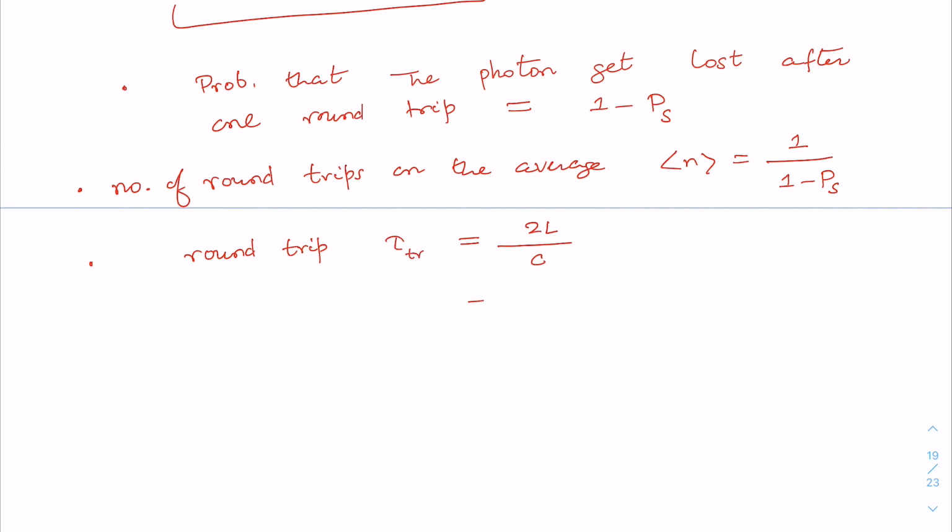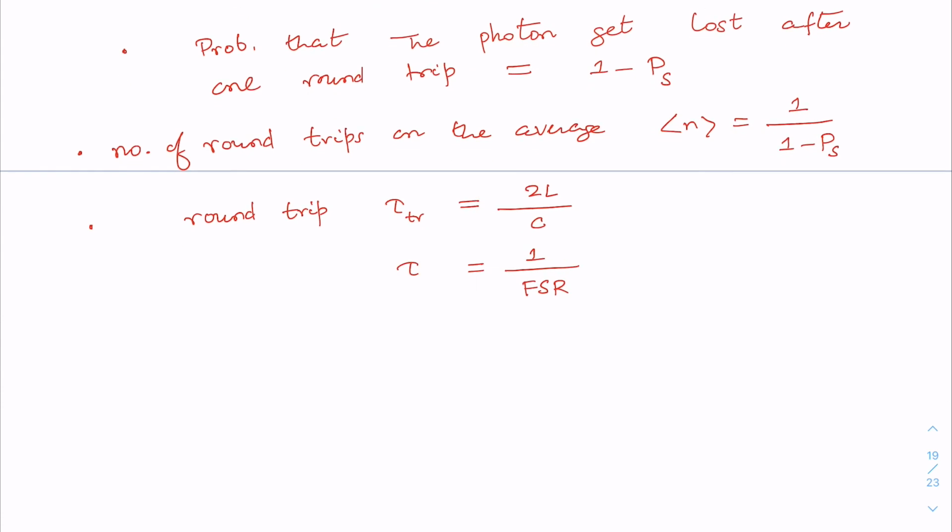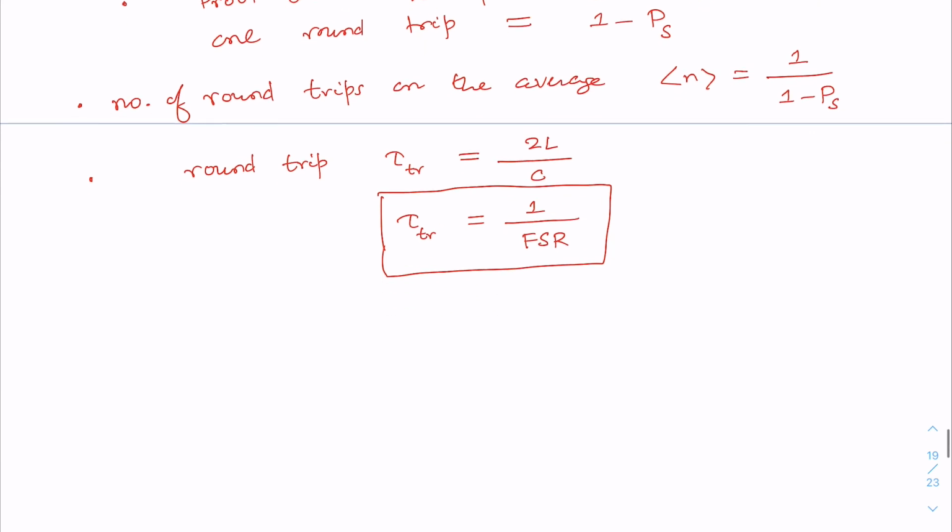And in terms of free spectral range, we can write it simply as 1 divided by free spectral range, because c by 2L is the free spectral range. So this is an important quantity. This is the round trip time of the photon.